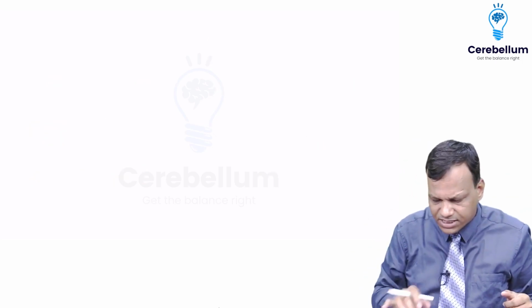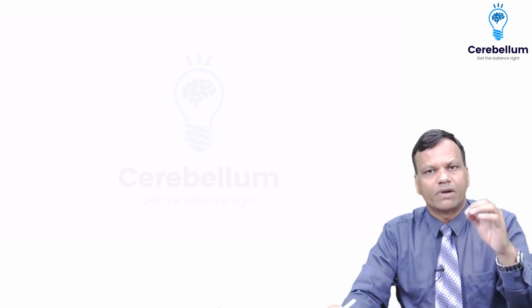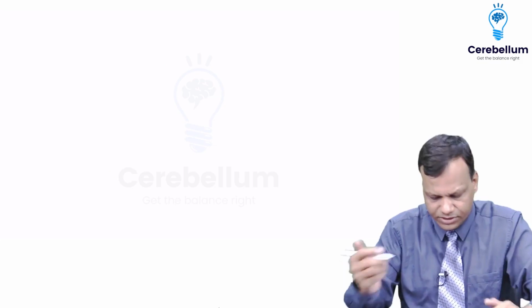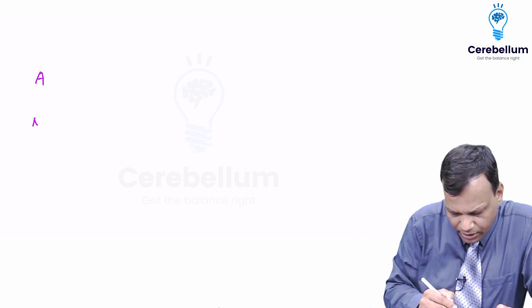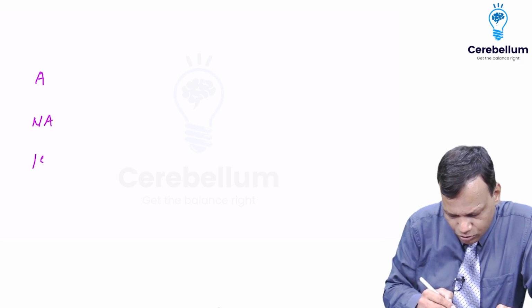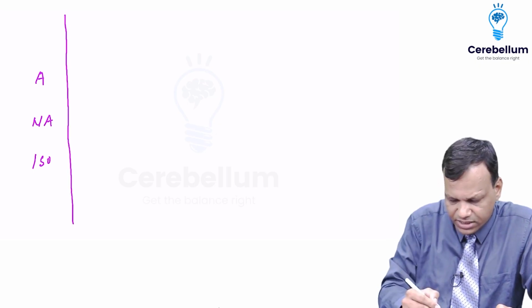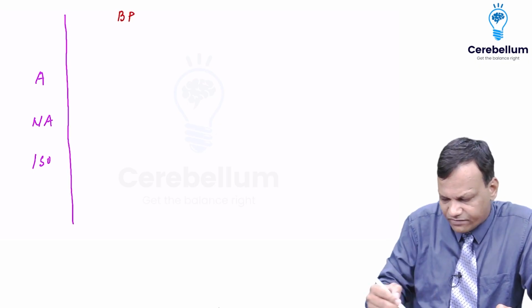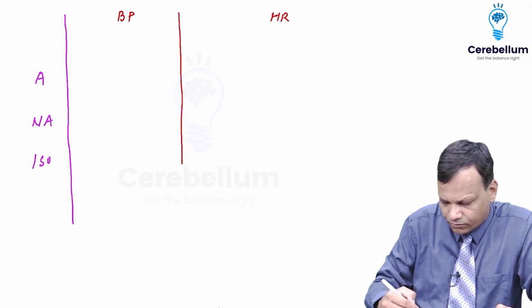So now we can see the effect of these three drugs on blood pressure and heart rate. Okay. So we will write again adrenaline, noradrenaline and isoprenaline. And we are going to see the effect of these drugs on blood pressure and on heart rate. Okay.